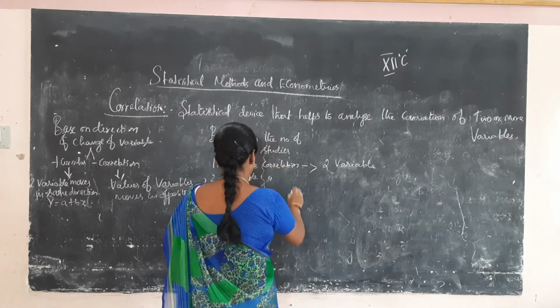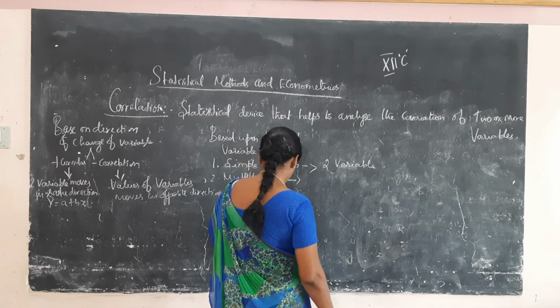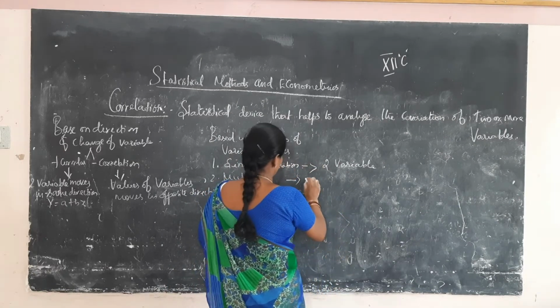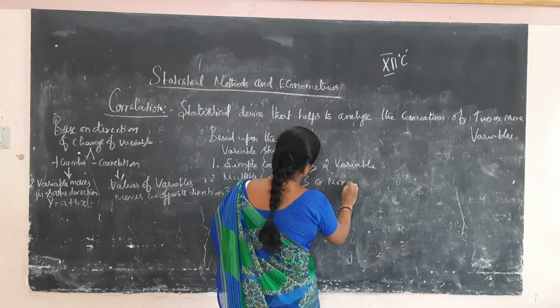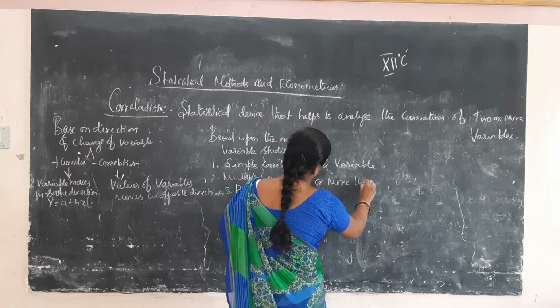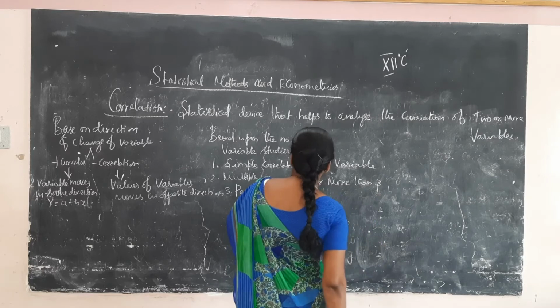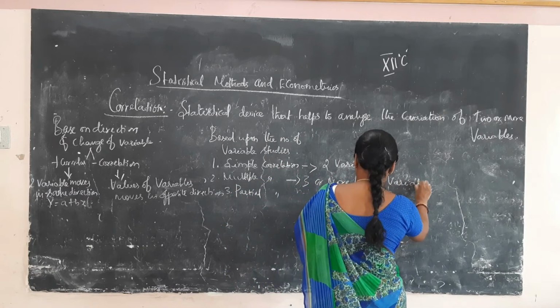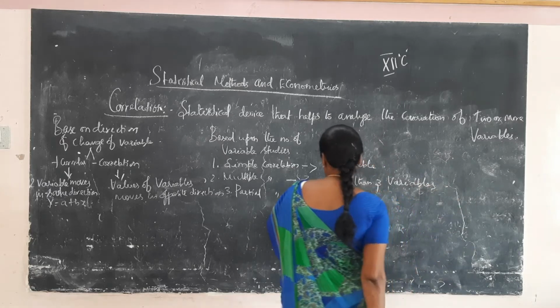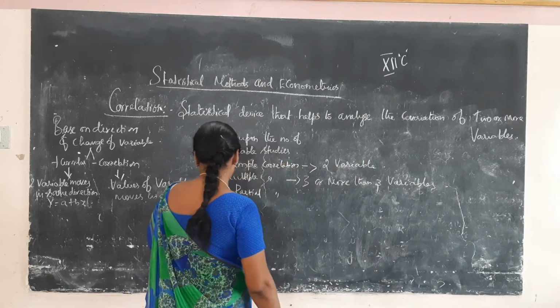Multiple correlation means three or more than three variables studied simultaneously.